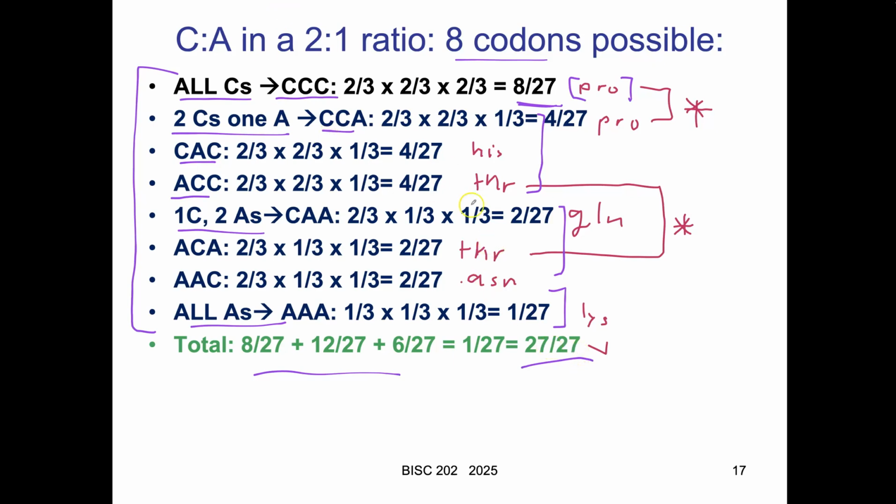Now, if you were doing this experiment, then what you would see is that a total of 12/27ths, or something like around 40%, would be proline. So we already know that this codon is for proline, and so we're expecting this proportion to be proline.